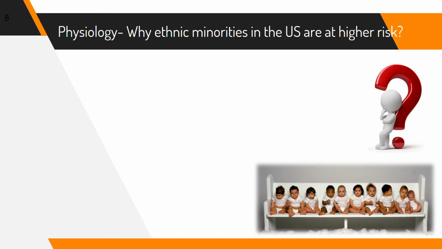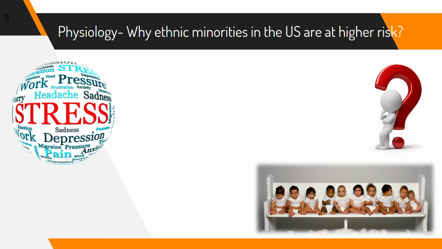The major question is why these ethnic and racial minorities in the US are at high risk of developing diabetes and its associated comorbidities. This can be accounted for by the characteristic high stress levels among these minority populations, which can be explained by the high structural and interpersonal barriers, which will be further elaborated by Carly and Ralph in our presentation.